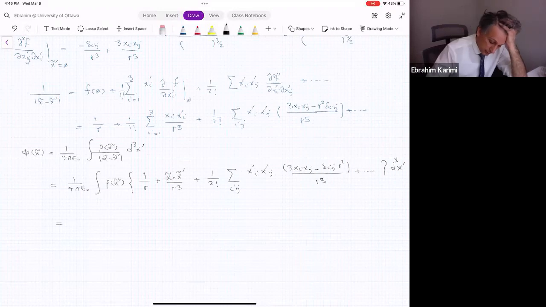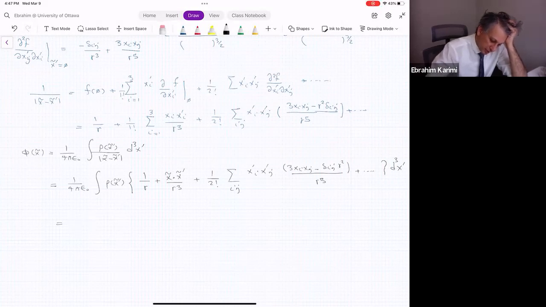So then I will get 1 divided by r, or should I keep it inside? I don't remember really the notation that people use, but let me look at that. Yes, that's good. Go with this way.